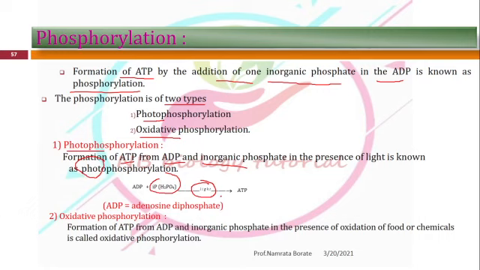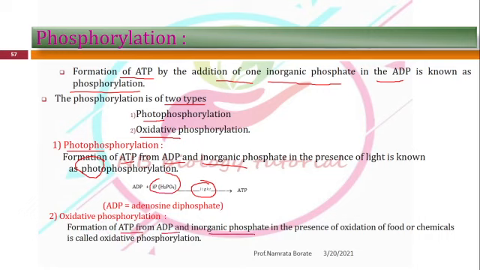Synthesis of the ATP molecule, adenosine triphosphate, in the presence of light is known as photophosphorylation.